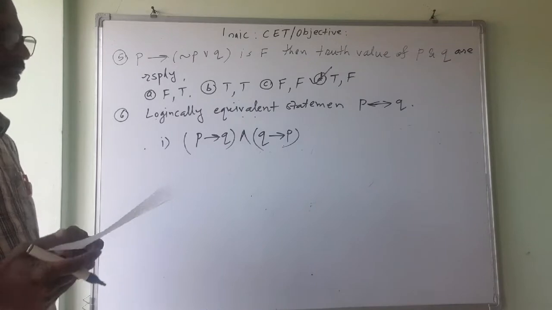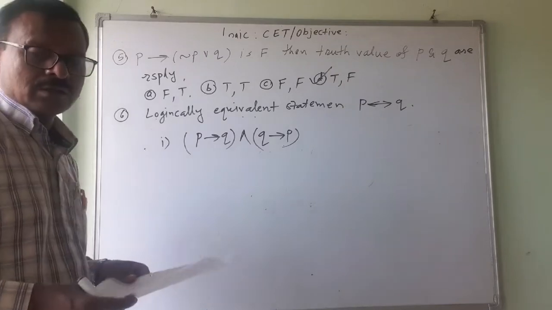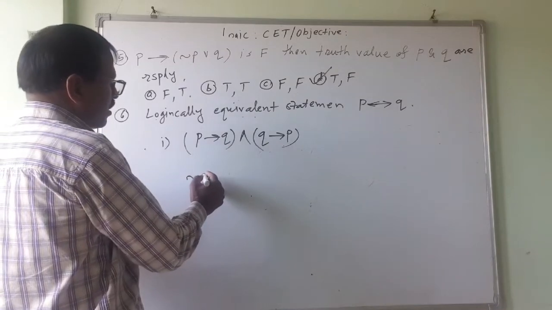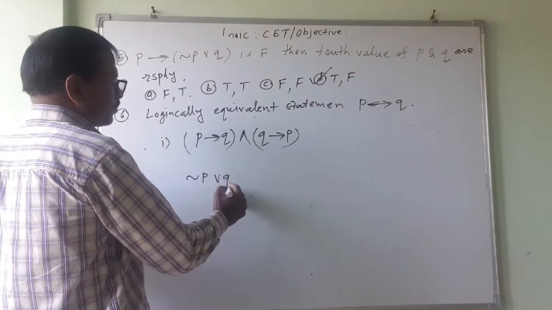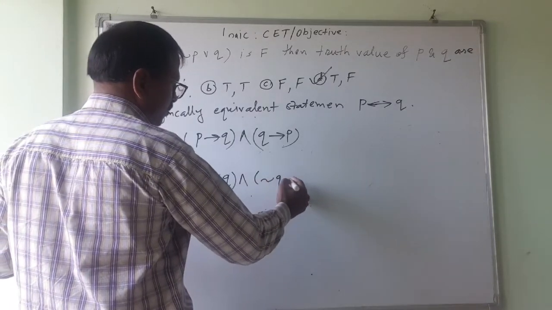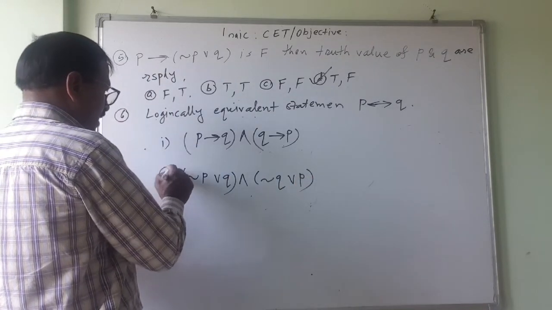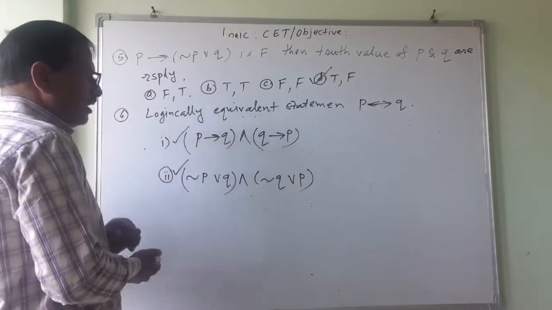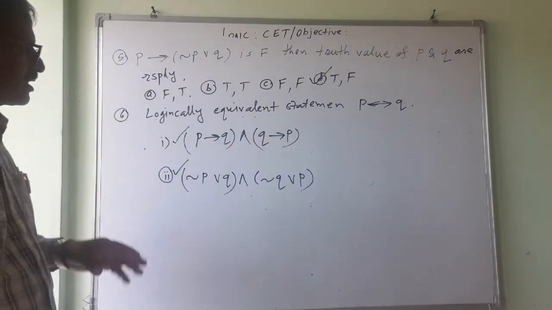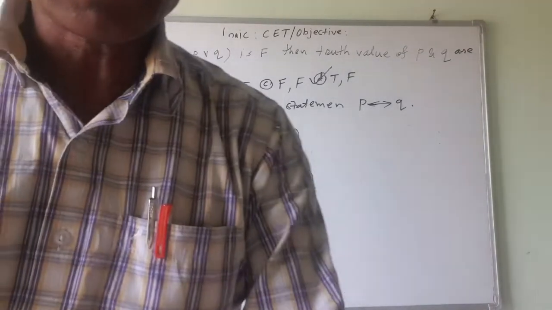Just remember this. In this particular question they have given like this. But the other is also an answer. This is negation P or Q, and for this it will be negation Q or P. So these two answers would be there. If both of them are there, you should have both the answers. But any one is given, so either this would be given or this would be given. Just remember this. This is a very essential part.